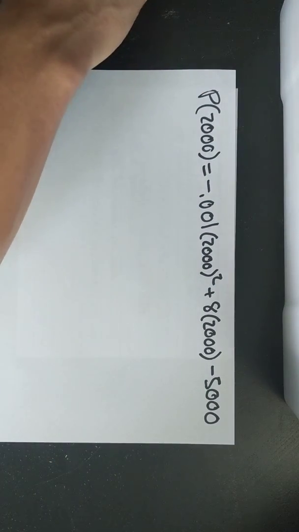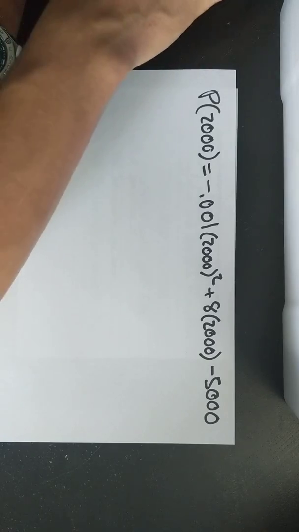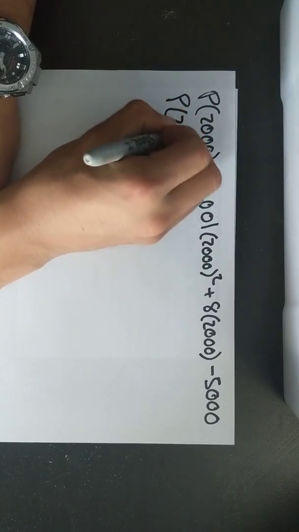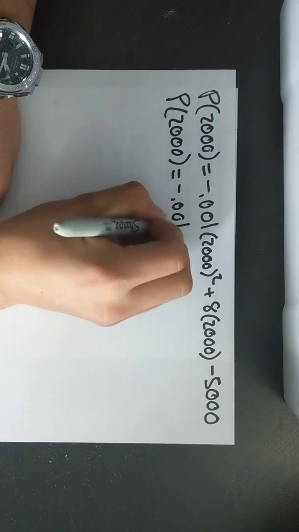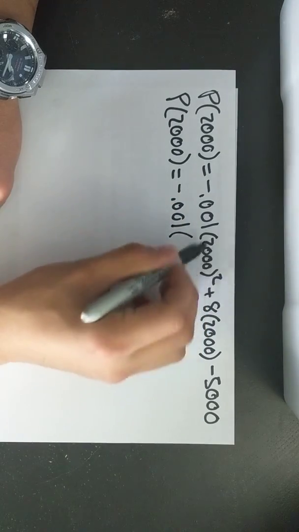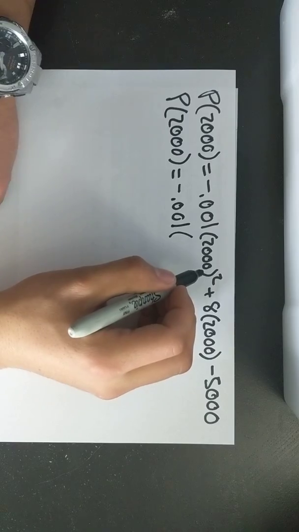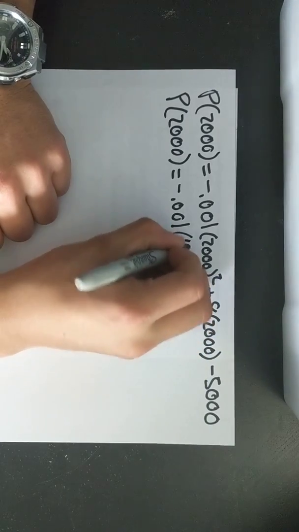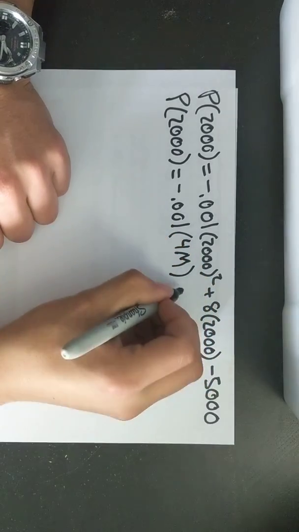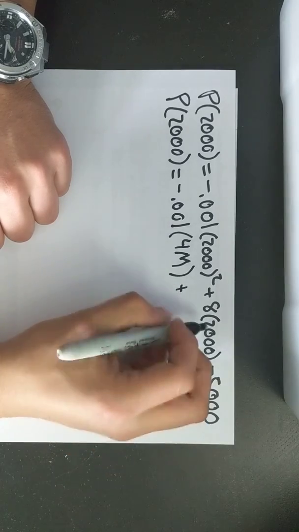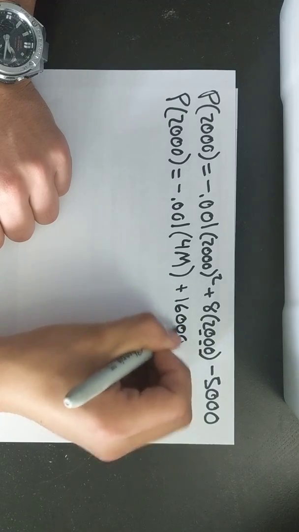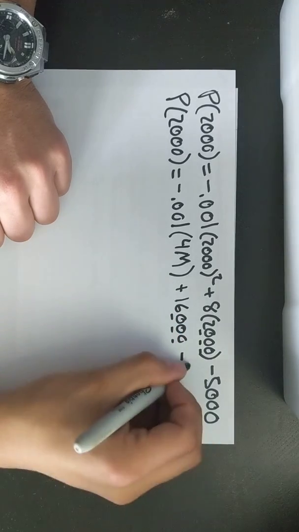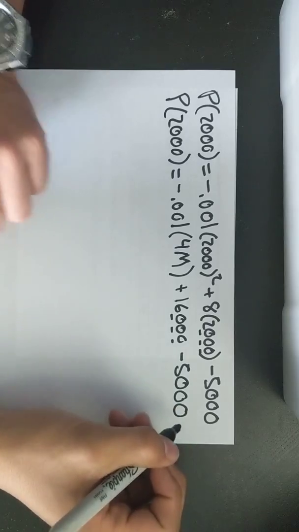So you have 2,000 squared. So you have P equals negative 0.001, right, times, and we always do this first, so we're going to have 4 million, right, so I'm going to put 4M right there, plus 8 times 2 is 16, and 3 zeros, so 16,000, minus 5,000.